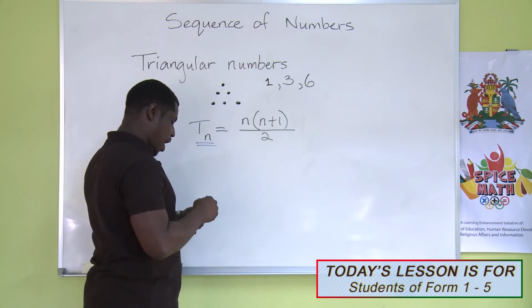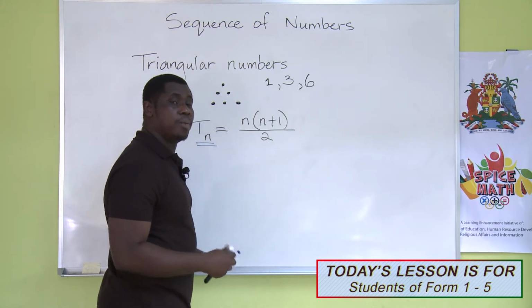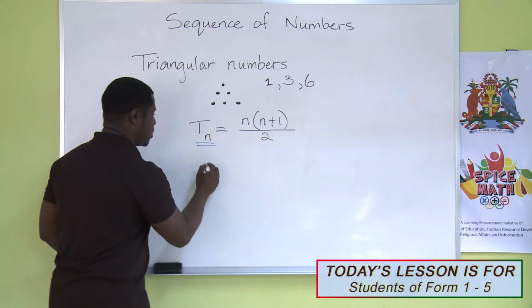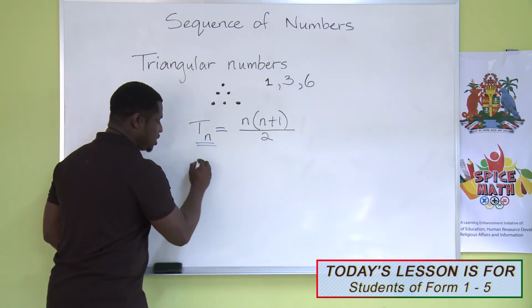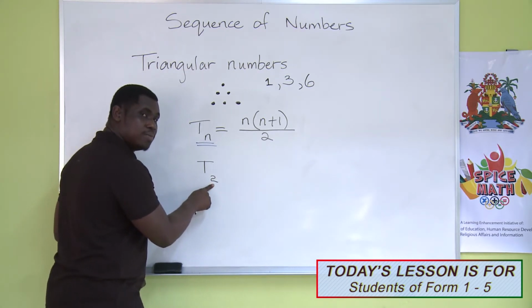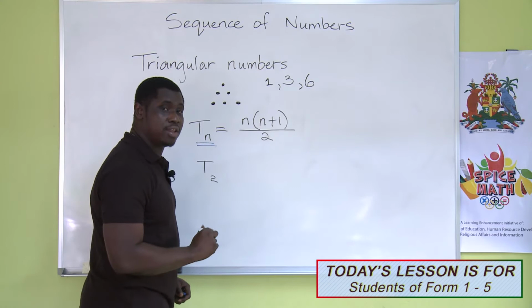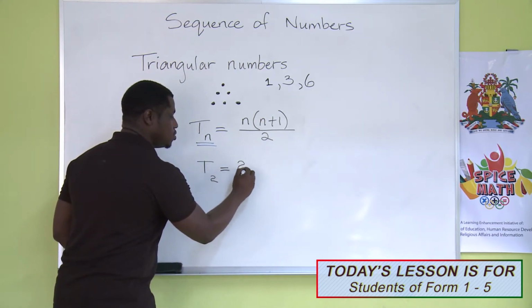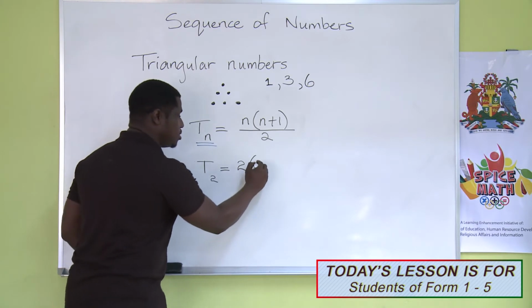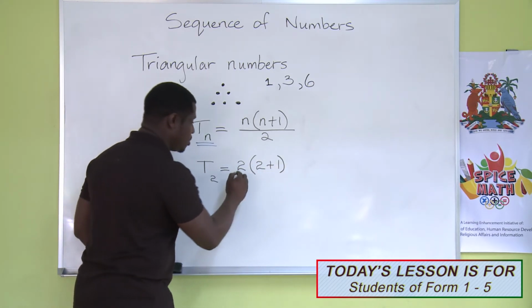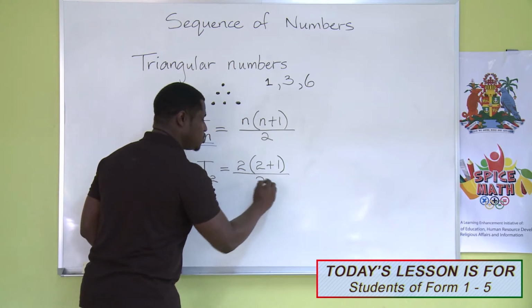I can use the formula to show that the second triangular number is indeed 3 by saying T subscript 2. The reason I have 2 here is because I'm trying to find the second triangular number. This would be equal to 2 open parentheses 2 plus 1 close parentheses all divided by 2.